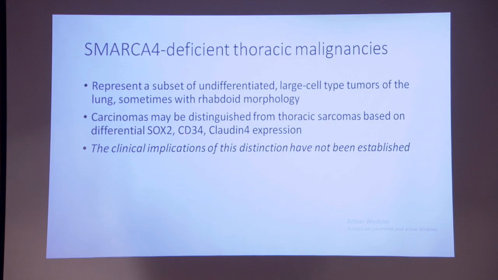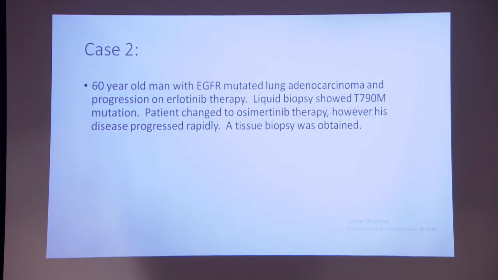This is likely the underlying genetic alteration in those tumors. In theory, we can distinguish the carcinoma from the sarcoma based on this differential immunohistochemistry expression. High levels of SOX2 and CD34 in the sarcoma, low levels of Claudin-4 in the sarcoma, the opposite expression profile in the carcinomas.